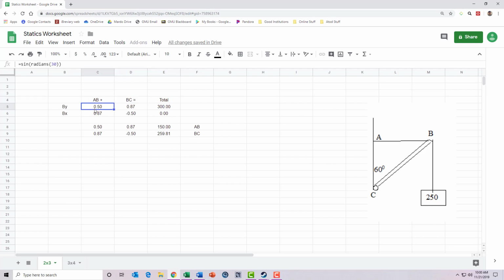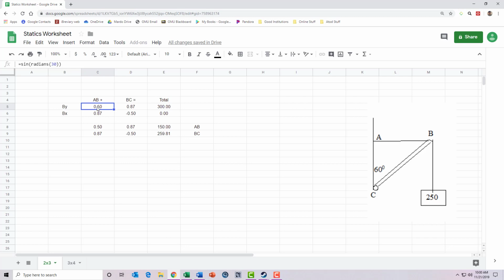What are the values of beam BC and cable AB such that BC cosine 60, it's the vertical part that's the cosine this time, BC cosine 60 equals 250, and BC sine equals AB.